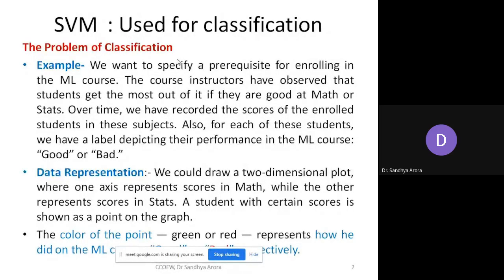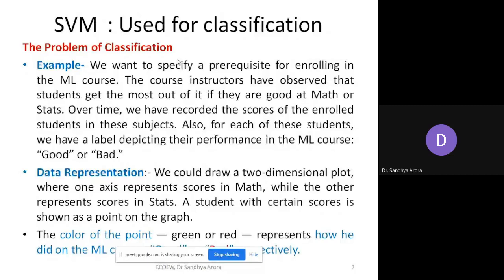So can we take maths and stats marks as a classification for the ML course? Those who are not good in maths and stats are not good in the ML course either. If we can do that using some classifier, we can say that the prerequisite for the ML course is stats and maths.